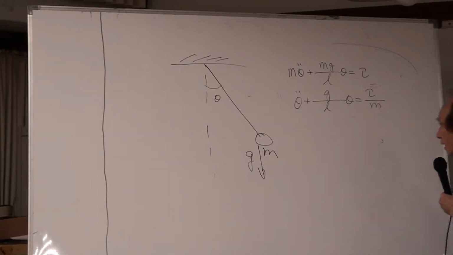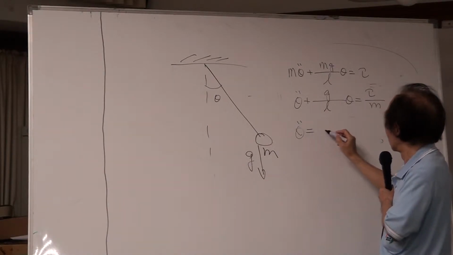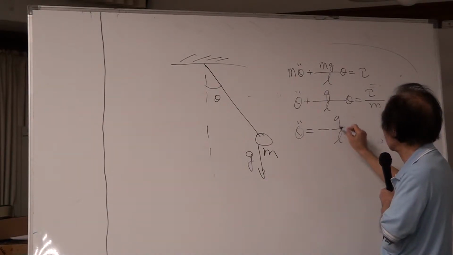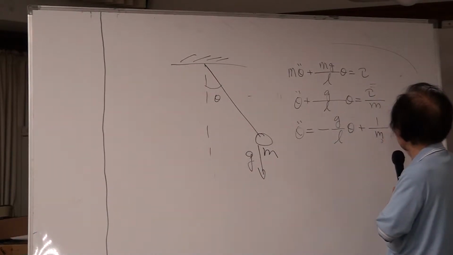Alright? Now, we can write this equal to minus LG zeta plus 1 over M tau.